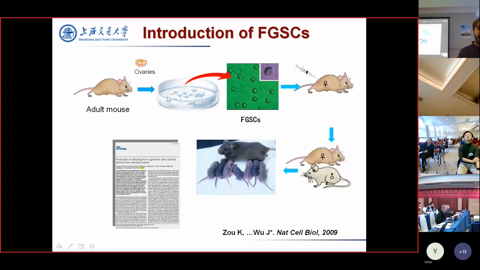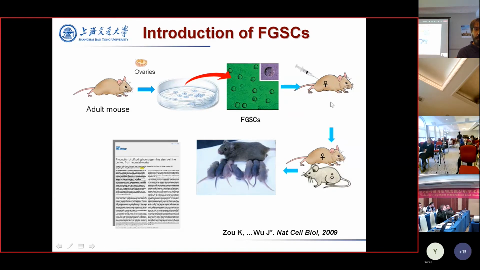However, our laboratory was the first to isolate female germinal stem cells from the adult mouse ovary. We can culture FGSC and make an FGSC line, and then transplant FGSC into a sterile mouse ovary.